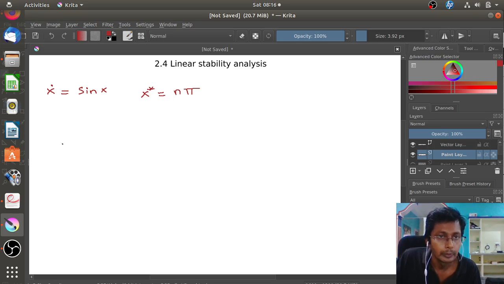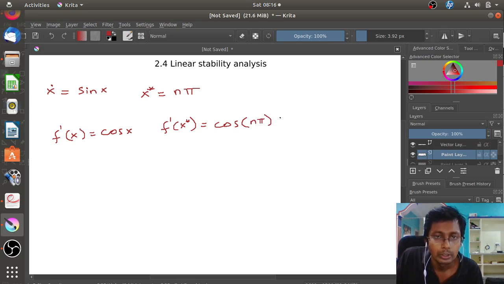What about the stability of the fixed points? What is f prime of x, which is cos of x. So in that case, what is f prime of x star, which is cos of n pi, since that's what x star is.